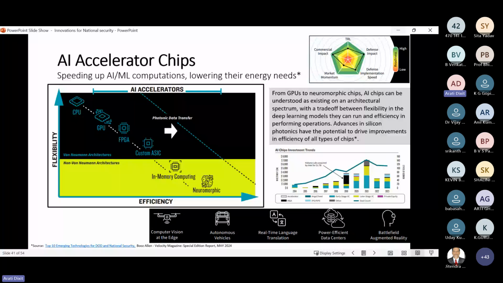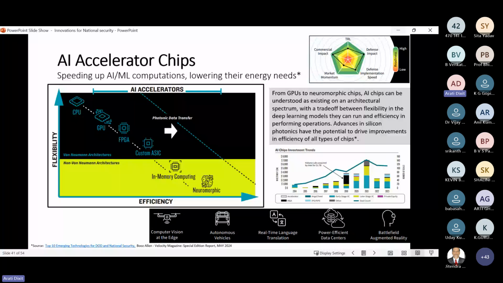Okay. So from GPUs to neuromorphic chips, this is how the trend is moving, and advances in silicon photonics have the potential to drive improvements in the efficiency of all types of chips that we see here.